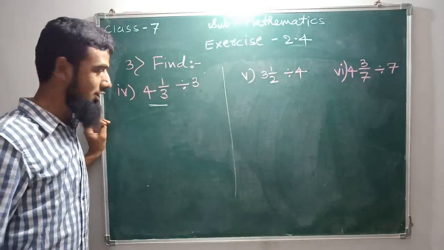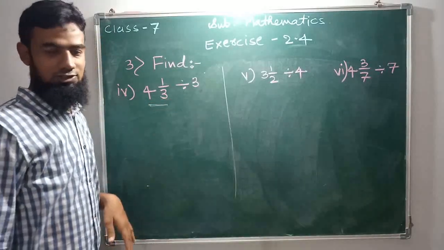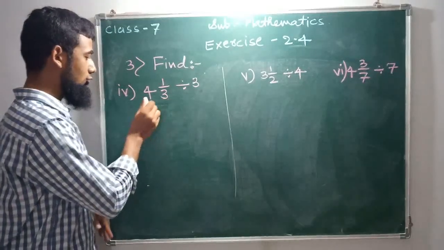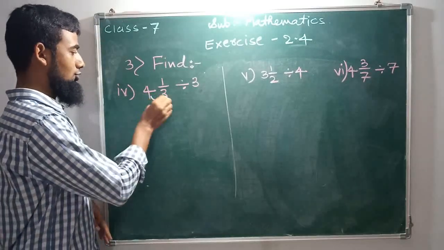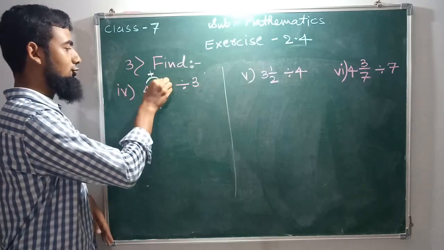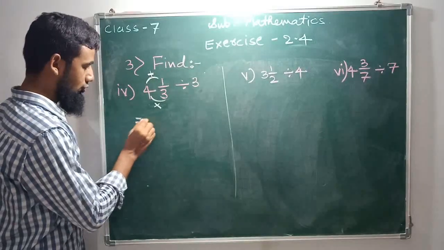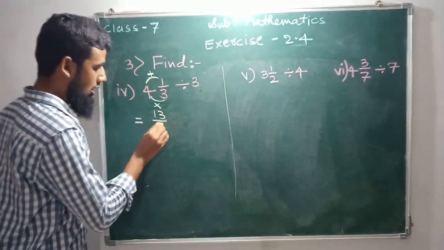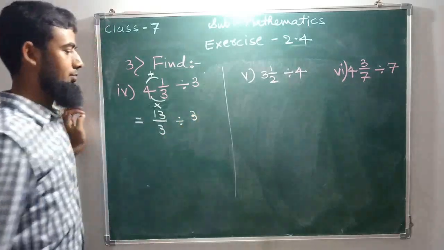We will convert the mixed fraction into a simple fraction. 4 multiplied by 3 is 12. Then 12 plus 1 is equal to 13. So 13 upon 3 divided by 3.